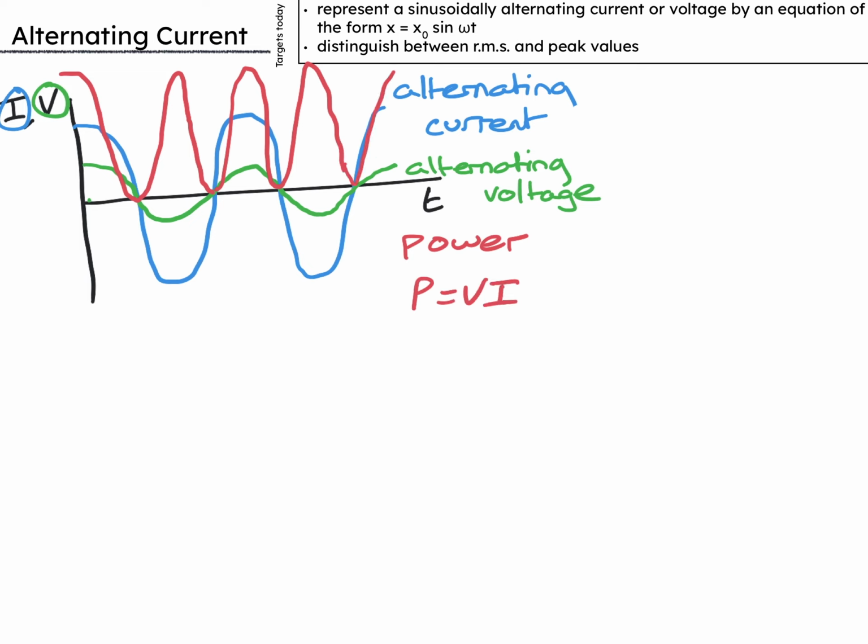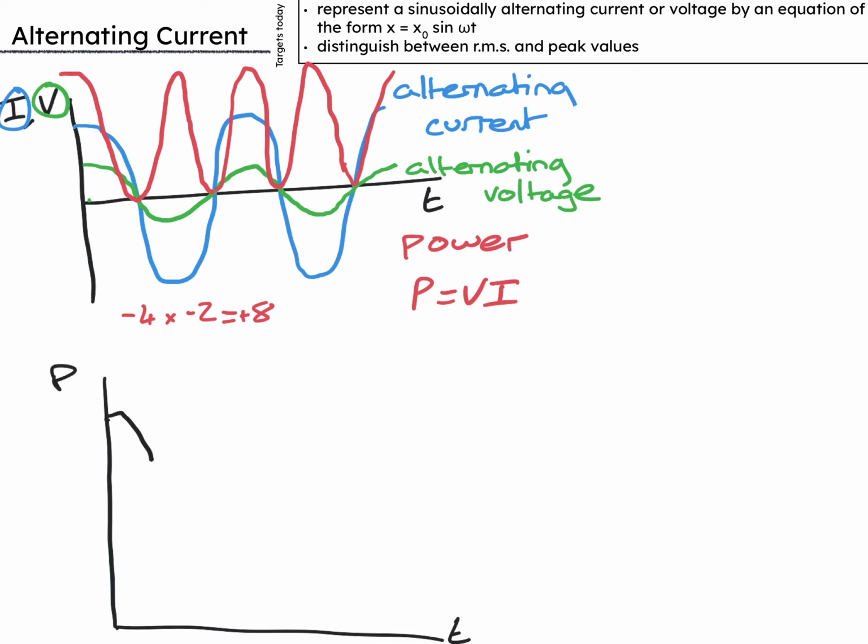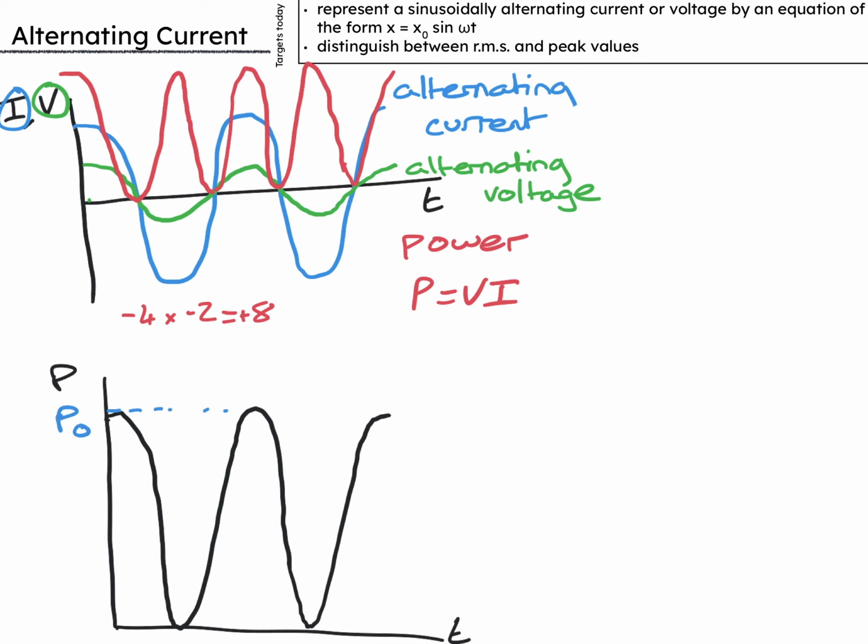When current is negative, so is voltage, so the product is positive. Cleaning up the graph to show only power, it's always positive or 0, and there is a peak power labelled P0. But the power is changing with time, unlike DC, so we need to do a bit of maths trickery to compare the two of them.